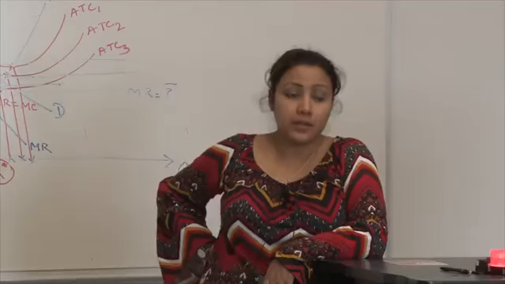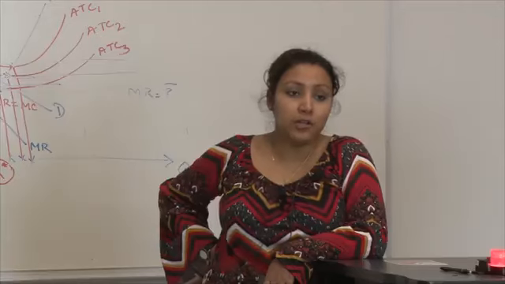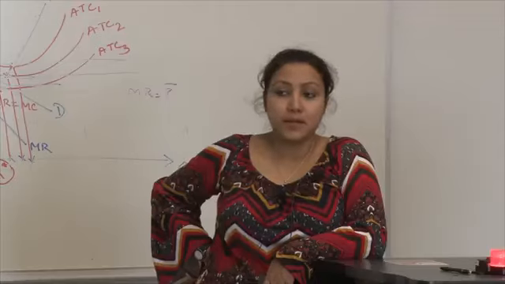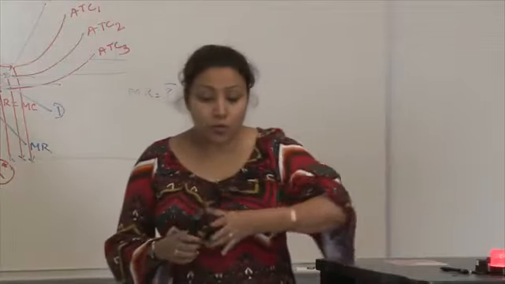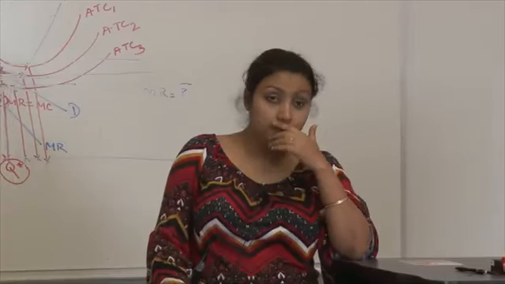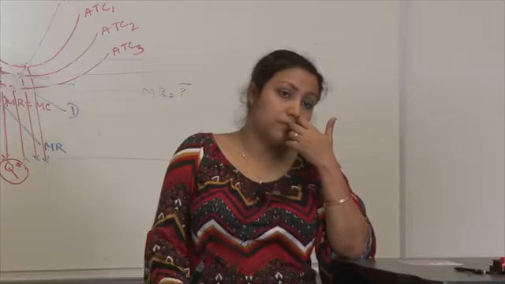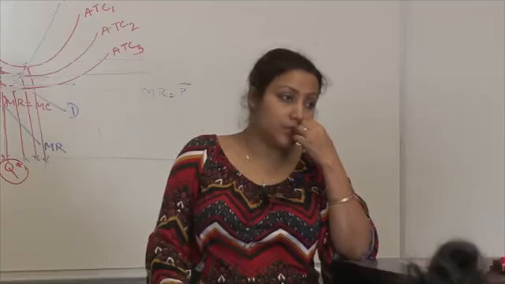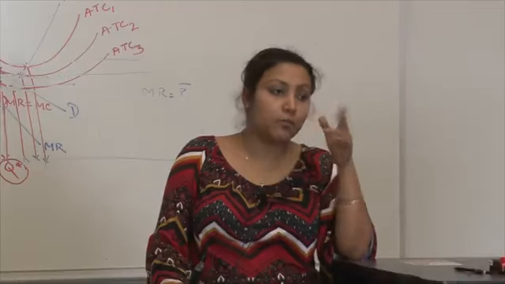And this quantity produced by the monopolist is less than the quantity produced by perfect competition, but sold at a higher price than perfect competition. Of course, we are comparing between the two.